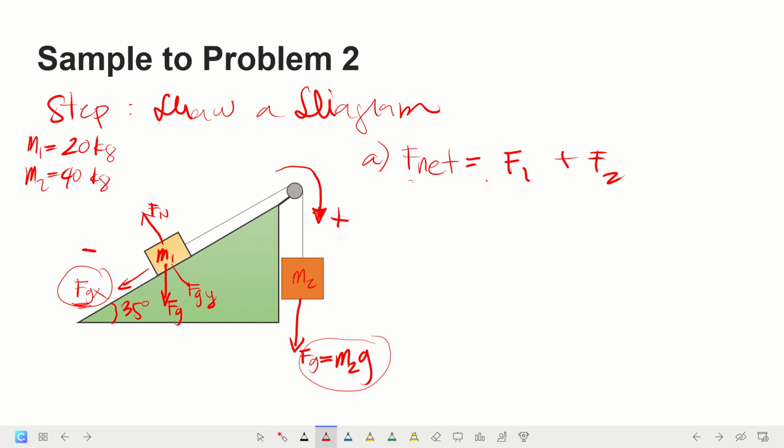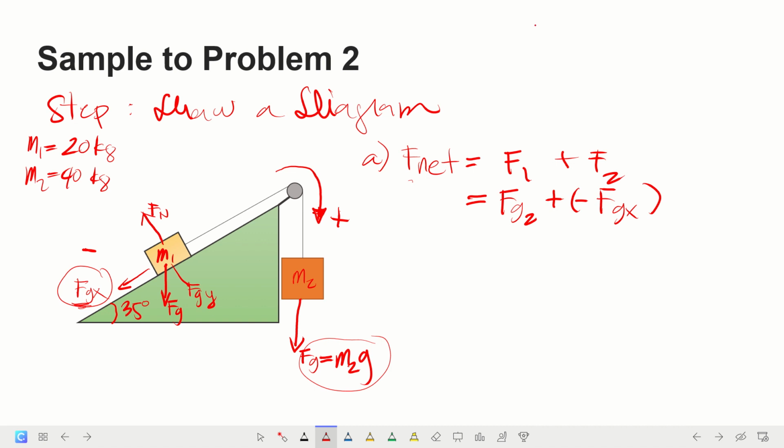So if our force number 1 is the weight of mass 2 and our force number 2 is the x component of the force due to gravity acting on mass 1, then the net force is equal to Fg of mass 2 plus negative Fg of x.